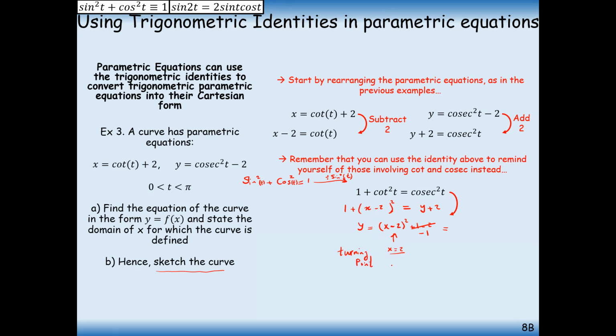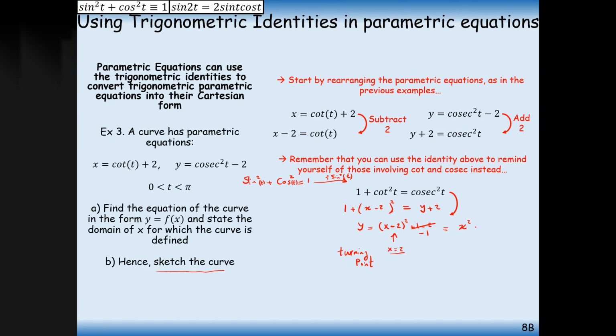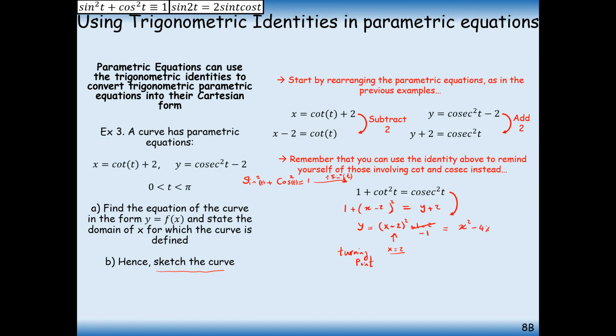Now we want to know exactly where it crosses the x and y axes. If I expand the bracket there, I'll have x squared minus 4x plus 4 minus 1, and 4 minus 1 is plus 3.